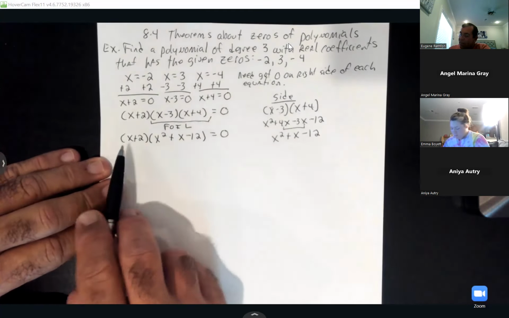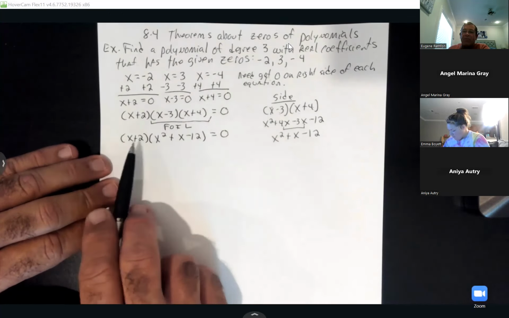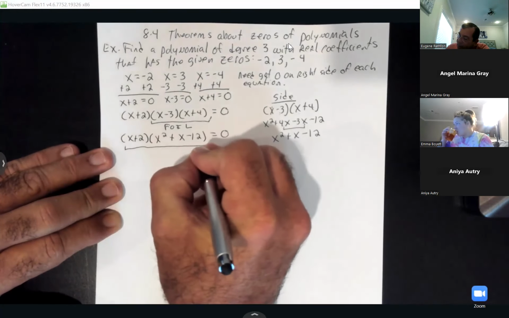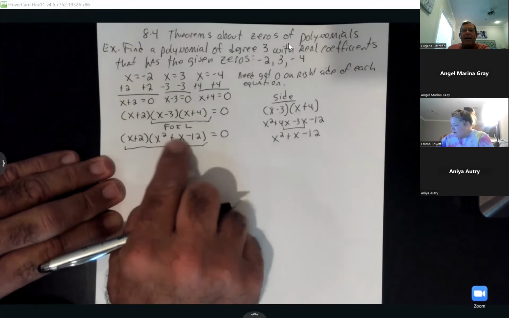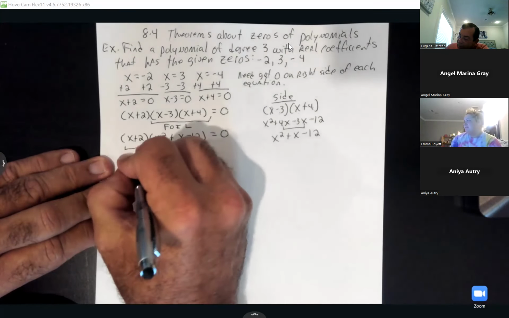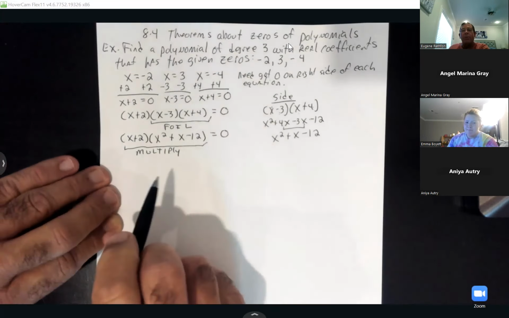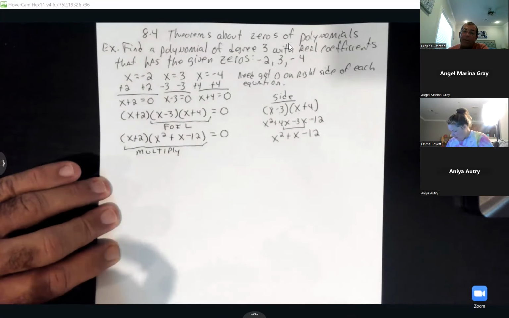So now I still got parentheses that I got to multiply through. I'm going to multiply the first parentheses times the second one. So we're going to multiply again, and it's sort of like foiling, but it's a little bit bigger.